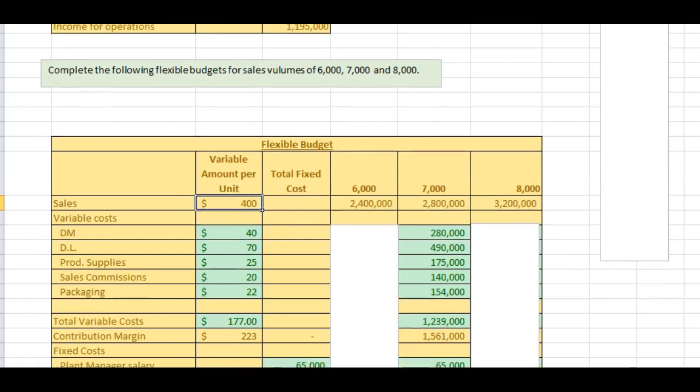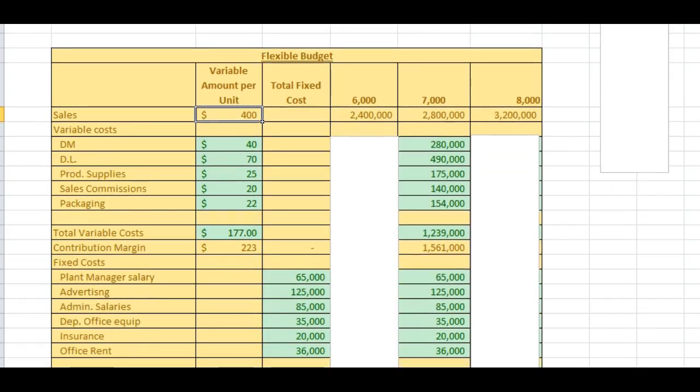So now we are ready to calculate the flexible budget here. And I bet you can guess what you're going to do. You're going to multiply that 40 times 6,000, the 70 times 6,000, the production cost, 25 times 6,000. So you get an idea here.